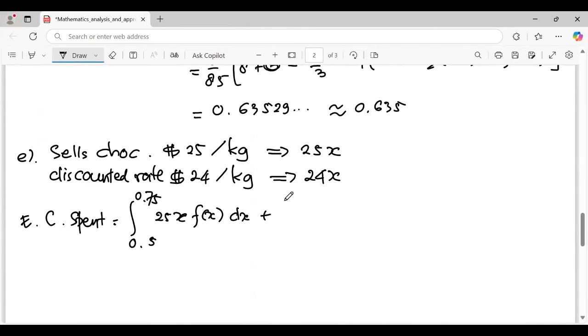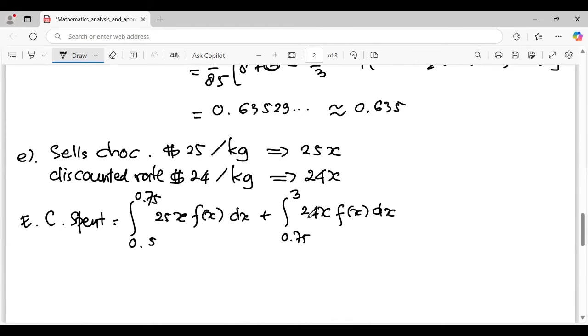But if they bought 0.75 to 3, they will get the special price of $24. So the discount is given just for those customers who bought chocolate from 0.75 kg to 3 kg.